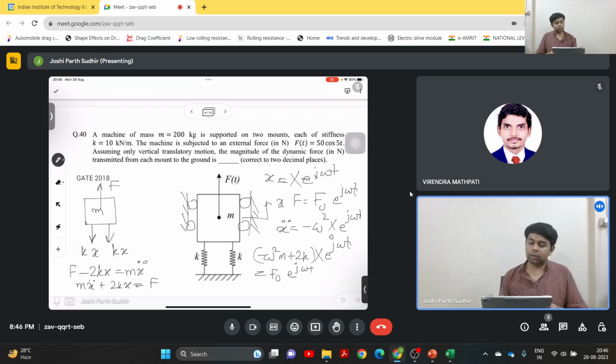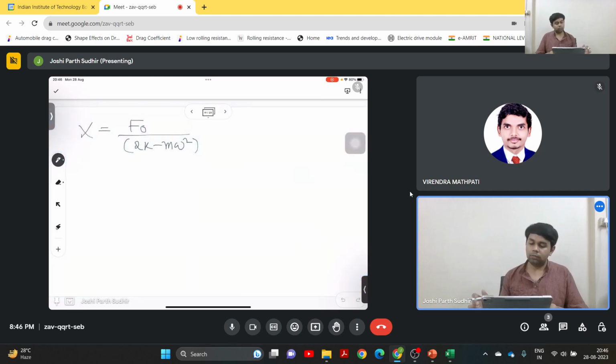Now the dynamic force transmitted from each mount to the ground. It will be basically 2kx that is the force transmitted to the ground.